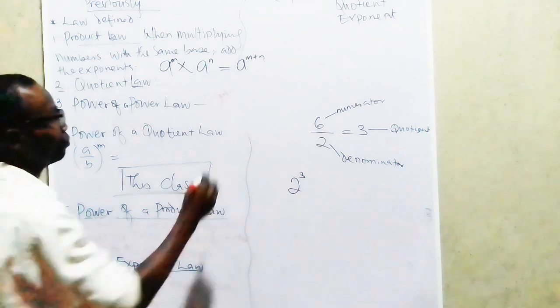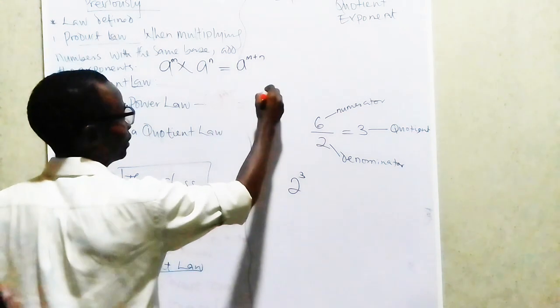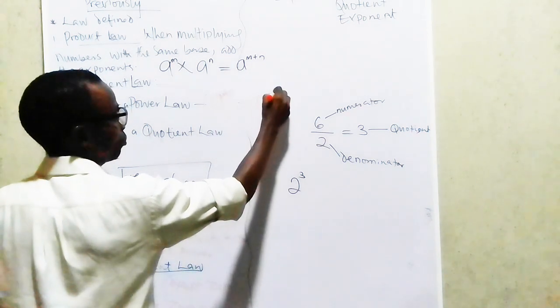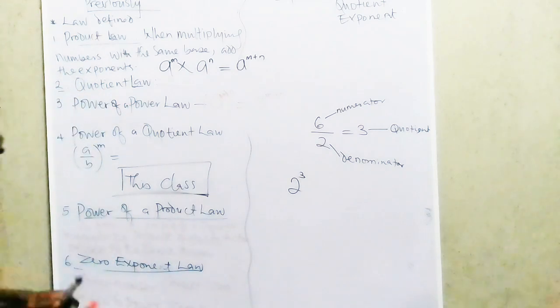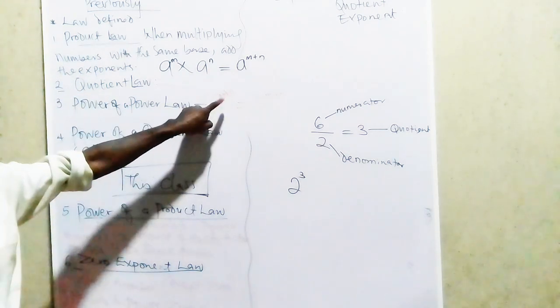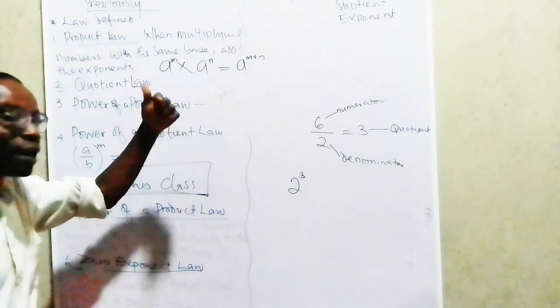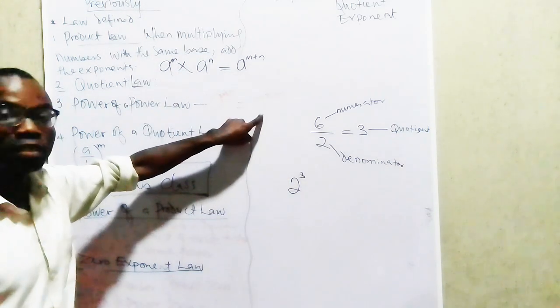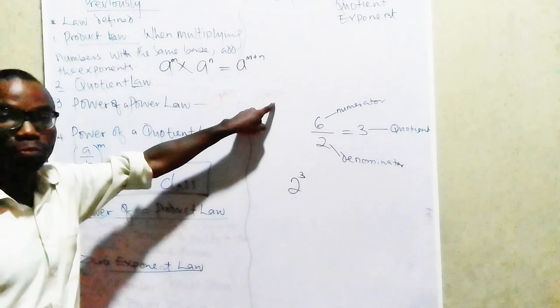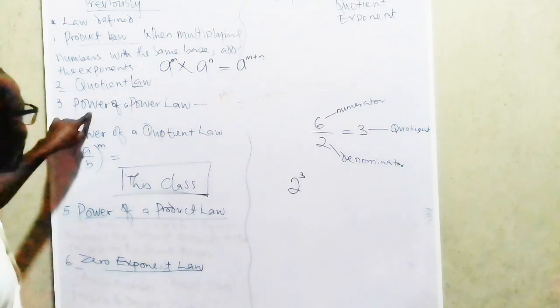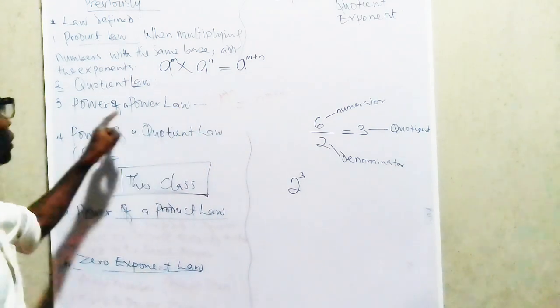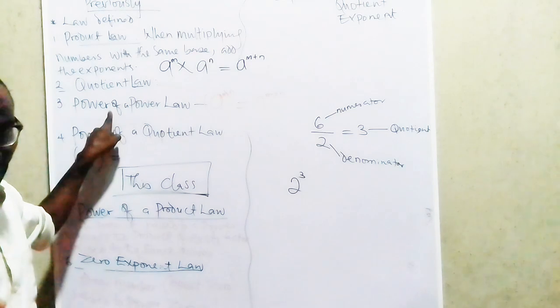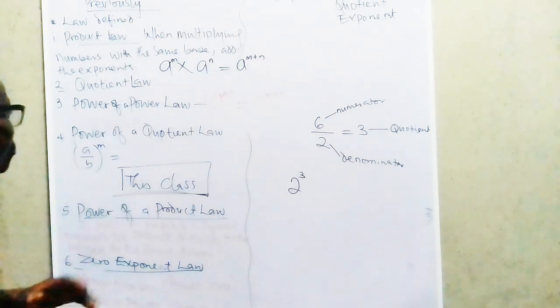It means A raised to M multiplied by N. That means when a number is raised to a power and that power is also raised to another power, you maintain the base but multiply the two powers. So that is the power of a power law. Now remember, of means times in mathematics many times.